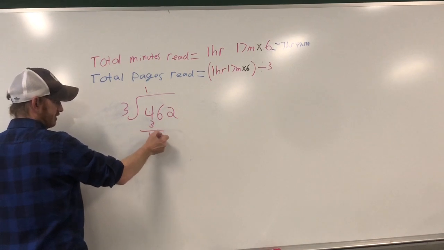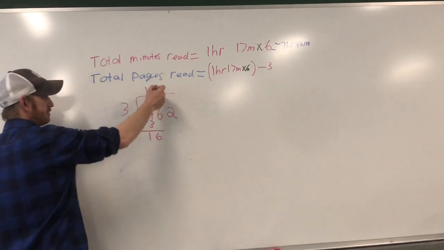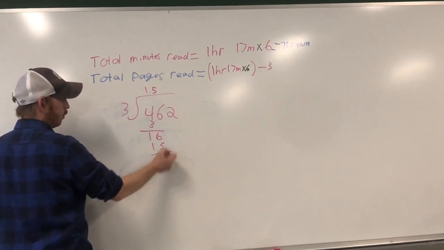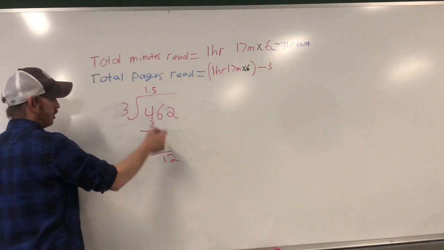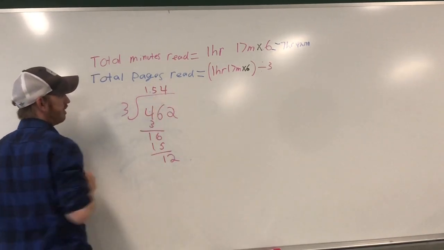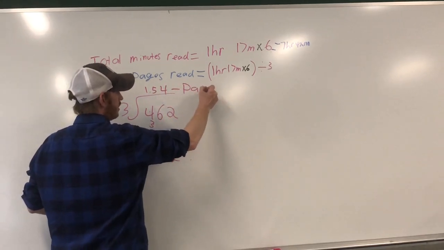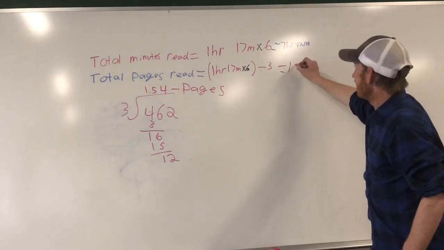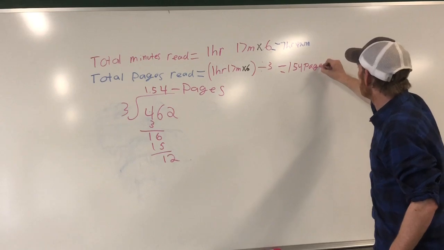Bring down the 6. 3 goes into 6 5 times. 5 times 3 is 15. Subtract gives me 1. Bring down the 2, gives me 12. 3 goes into 12, 4 times. Your answer is 154 pages.